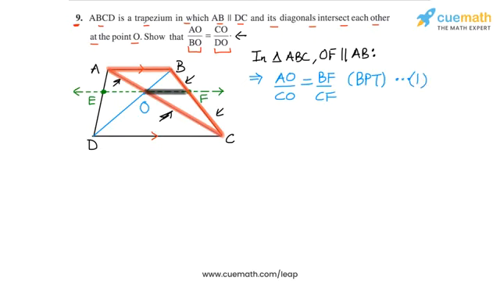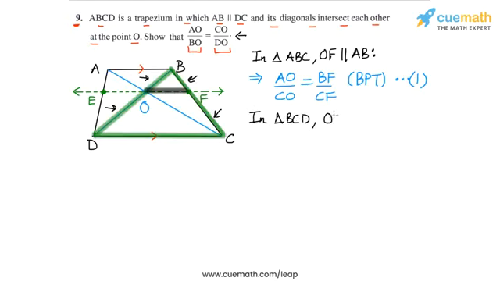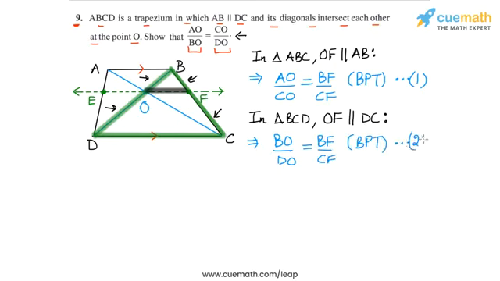Then let's consider triangle BCD. In triangle BCD we have OF parallel to the other side of the trapezium, DC, and therefore we get BO by DO equal to BF by CF. Once again, this is using the BPT, and let's call this equation 2.